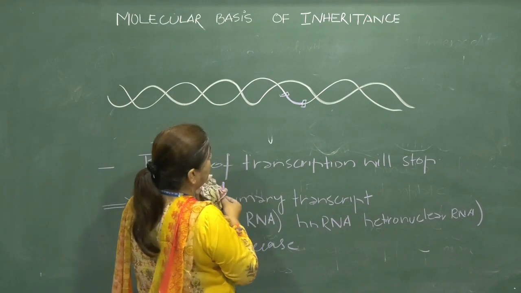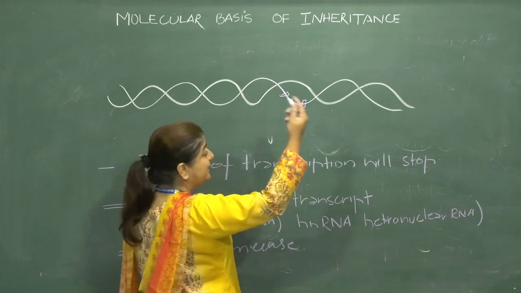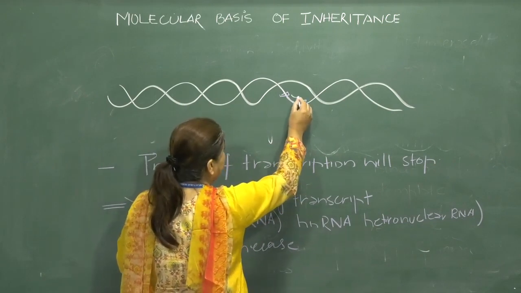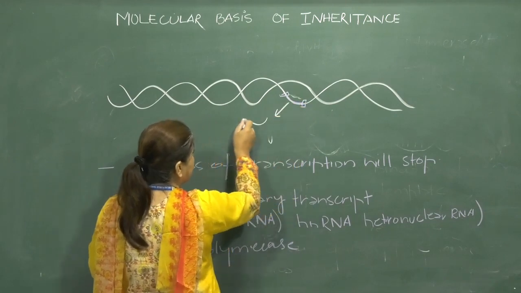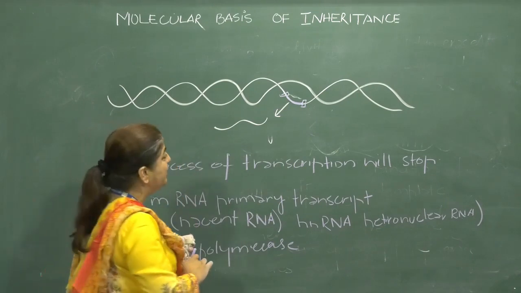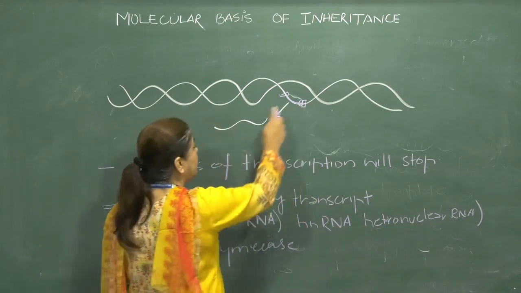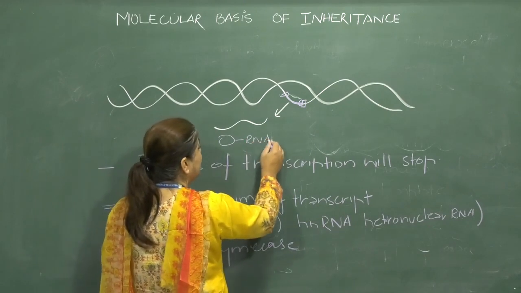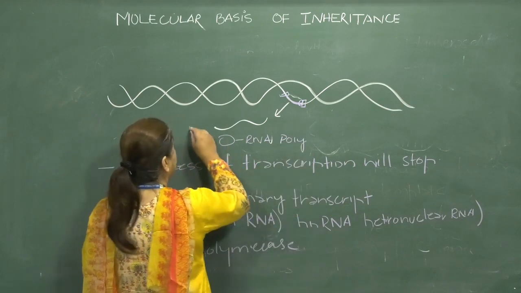Once the RNA polymerase reaches here, that means at the end of the transcription, what happens? The mRNA that was being synthesized gets detached. So you get this primary mRNA transcript, and you will get RNA polymerase. So this is RNA polymerase at the end of the transcription, and this is the mRNA.